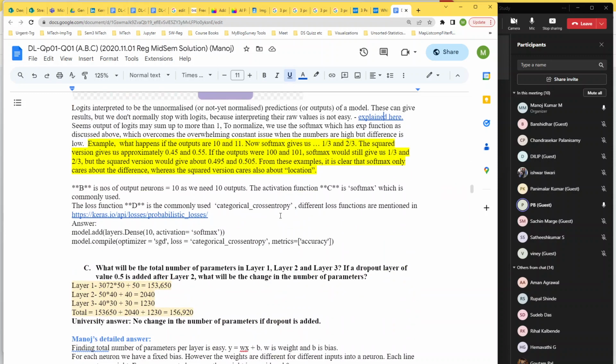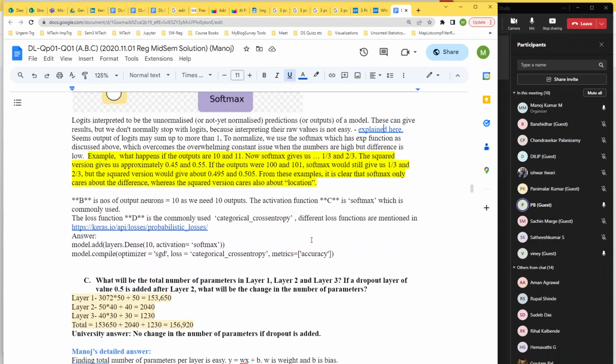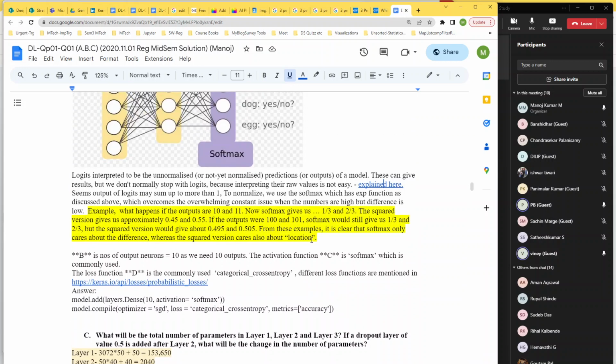And so constant. Whichever number you raise it to, it will give you another number which ranges from 0 to 1. Right. You're right. 0 to 1, and it has to all sum up to 1. That's what softmax does. Yes, you have to sum it up for all those neurons in the output layer.